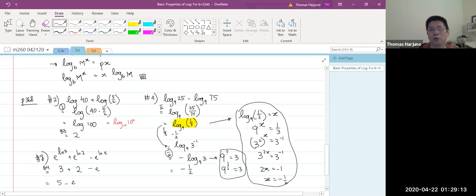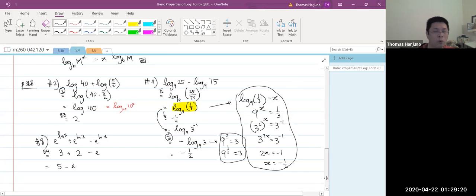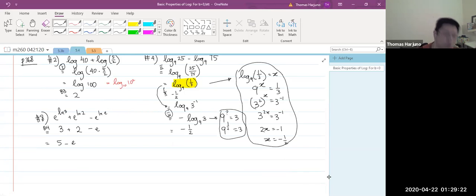Now don't forget, this is what we call exact form. If you want to know the approximate form, then you use a calculator. Can you use a calculator for this? Try it.